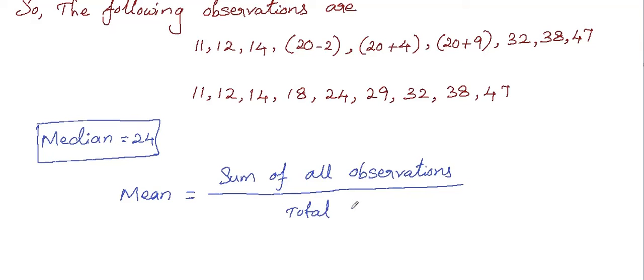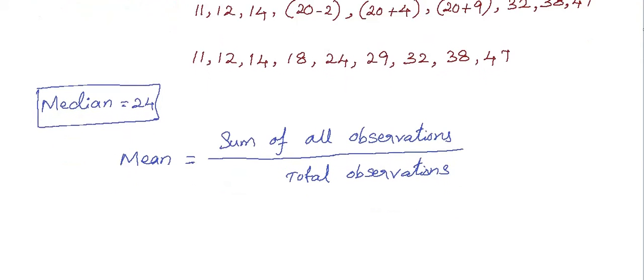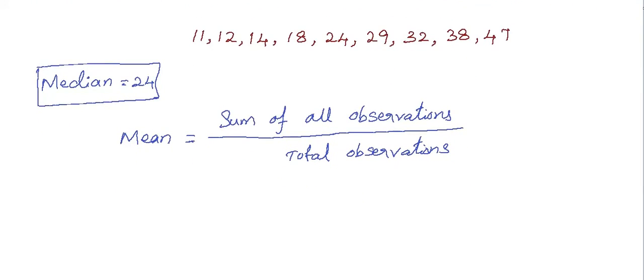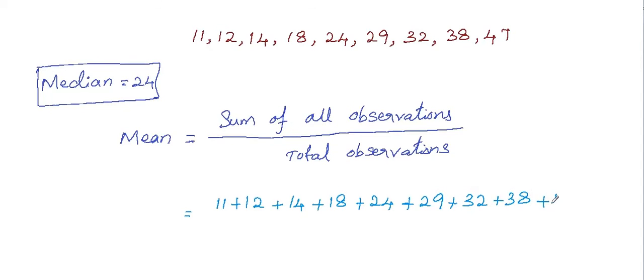So the total number of observations is 9, and we need to add all the 9 observations. So 11 plus 12 plus 14 plus 18 plus 24 plus 29 plus 32 plus 38 plus 47, divided by the total number of observations, which is 9.